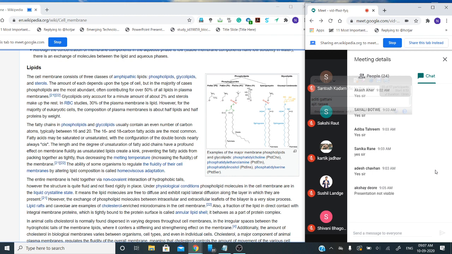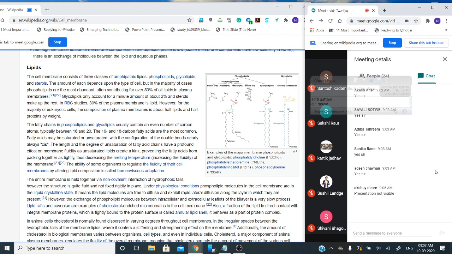This alteration of fluidity because of the change in lipid composition is called homeoviscous adaptation. This is also one of the mechanisms of homeostasis the body is doing, but it is of a higher depth, which you might not have studied earlier.